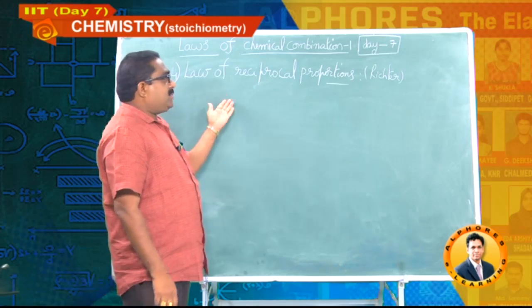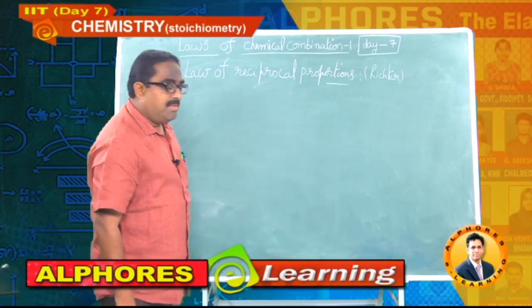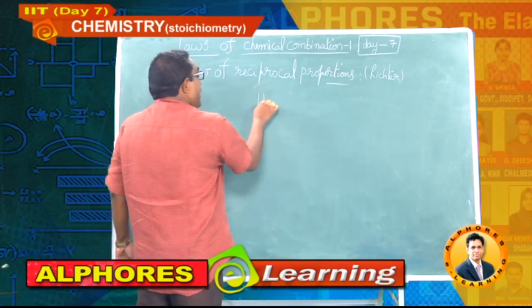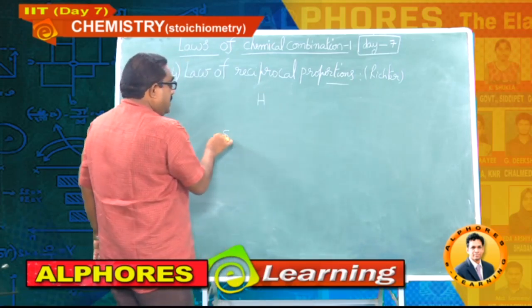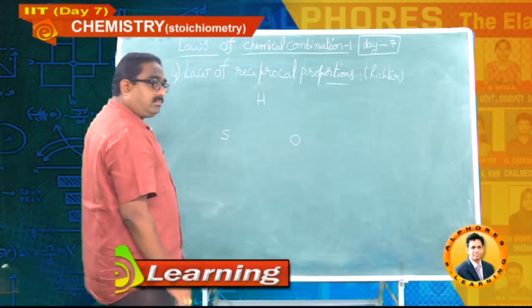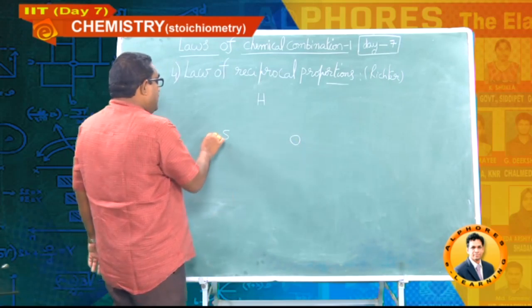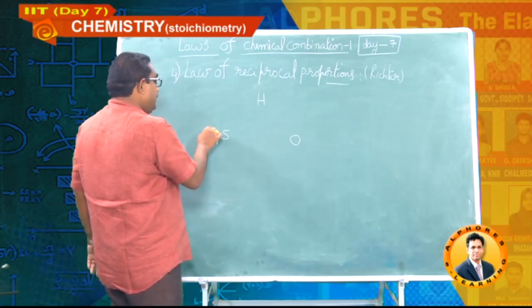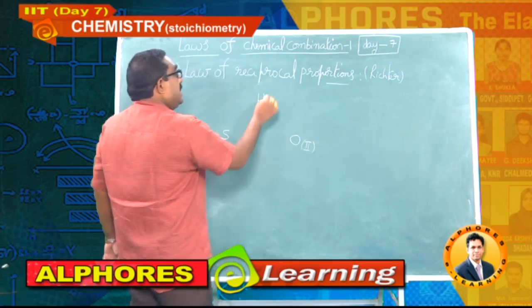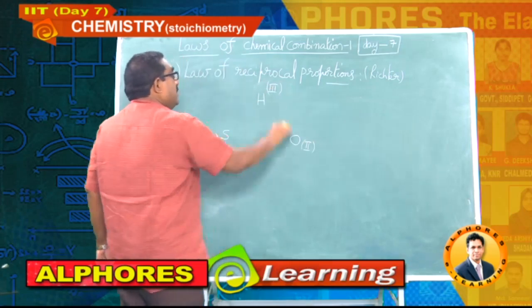So let me explain this law with one more example. Hydrogen, sulfur, oxygen. Sulfur is first element, say, second element is oxygen, and the third element here is hydrogen.